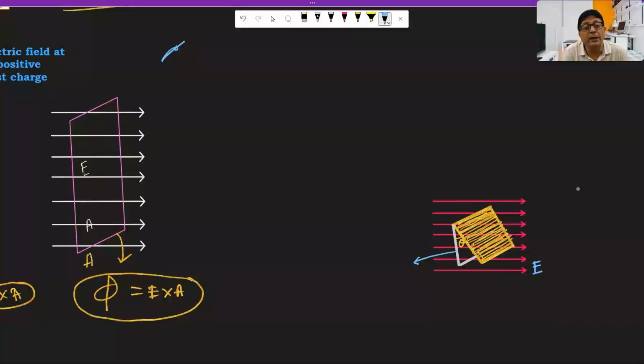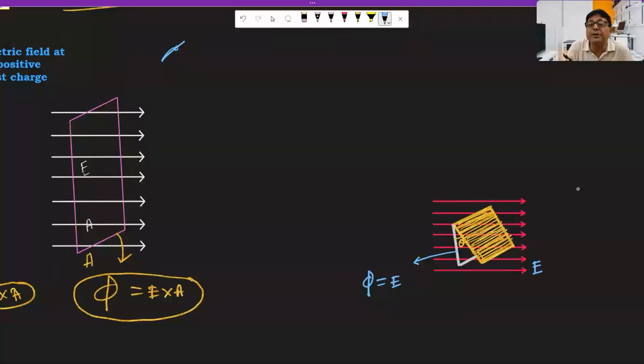If this area is equal to A or A dash, whatever you say, then the electric flux phi will be equal to E into this area. But what is the relation between the areas of the white square and the yellow one?